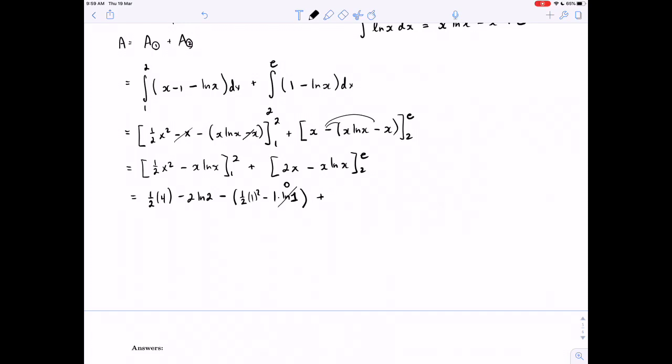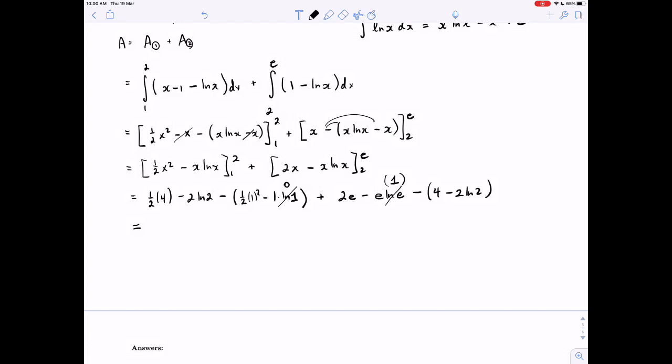Plus, and then on the right-hand side, we have 2 times e minus e ln e, minus, and 2 times 2, I'll open a bracket here, is 4 minus 2 ln 2. Ln e is also a value that we've used up above, a famous value that is just 1.